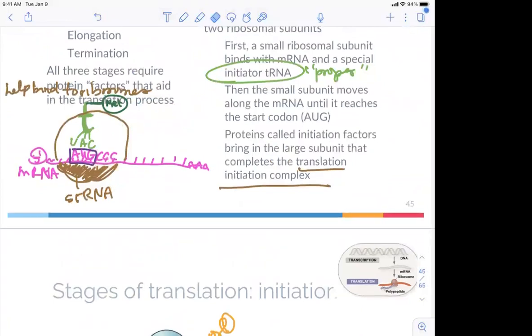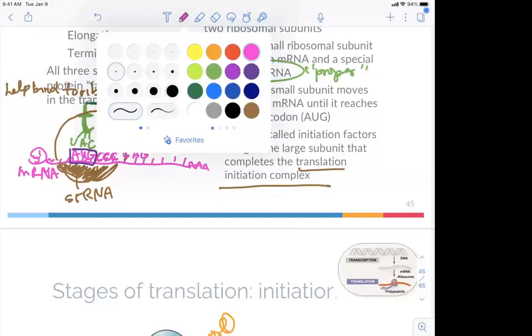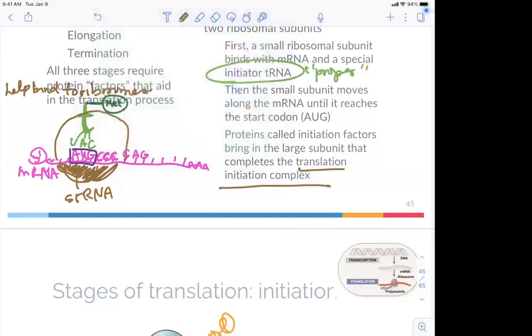Let's just say that for the next one over, notice the codon, let's just write a bunch of random codons there. The next codon is available for binding.